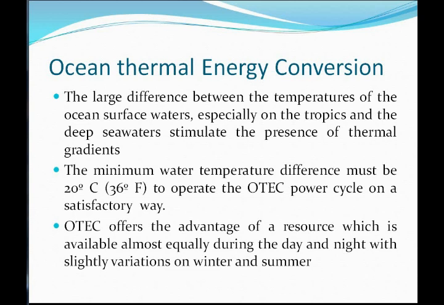OTEC offers the advantage of resources which are available almost equally during the day and the night time. So it won't vary between day and night, but there might be a slight variation between winter and summer. These OTEC renewable energy sources can be combined with other applications like water production, air conditioning, refrigerants, etc.